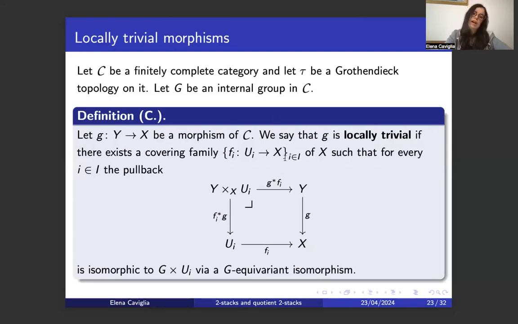You can also think of a sieve instead of a covering family, and it works anyway. So every time we consider a morphism in the site G, and we pull it back along all the morphisms of this covering family, what we get is trivial. And this definition generalizes the usual definition for topological spaces.